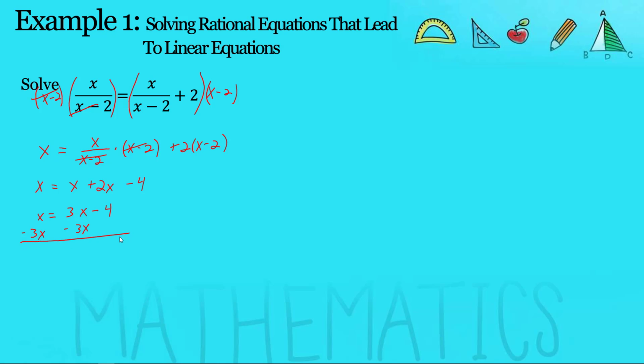And if I add this vertically, I will have that negative 2x is equal to negative 4. And then I can divide both sides by negative 2. And I have that x is equal to 2. And this is my proposed solution.